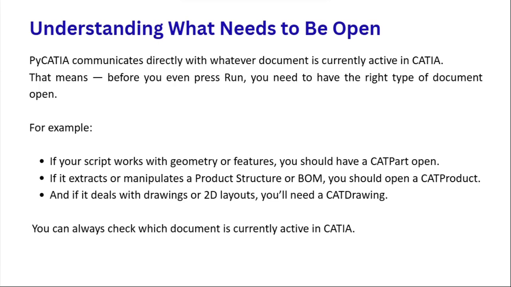If it extracts or manipulates a product structure or BOM, you should open a CATProduct. And if it deals with drawings or 2D layouts, you'll need a CATDrawing. You can always check which document is currently active in CATIA.